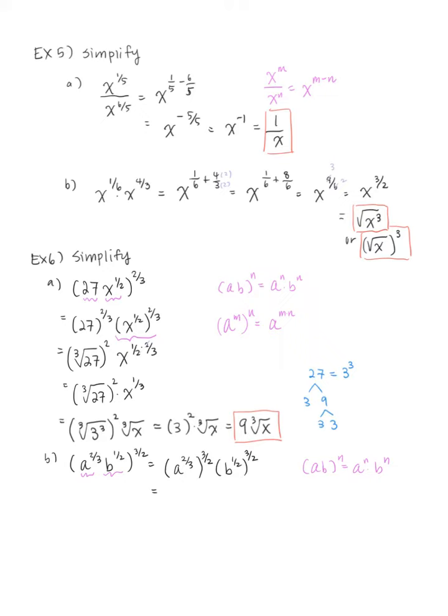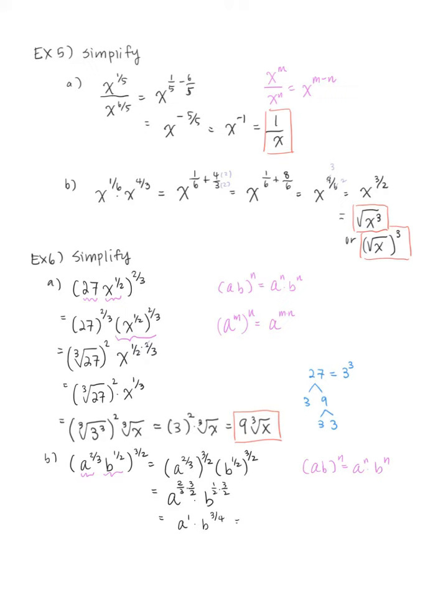So the next step is this. You need to multiply those exponents together. So here you're going to have a to the 2/3 times 3/2, and then here you're going to have times b to the 1/2 times 3/2. So now let's see what we get. We're going to have a to the first, multiplying here by b to the 3/4.